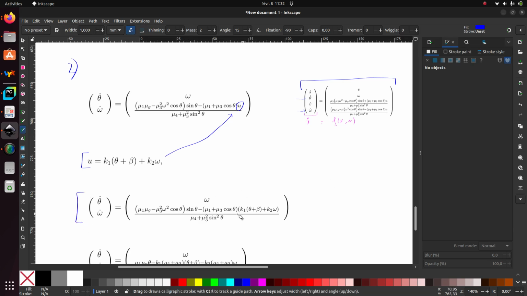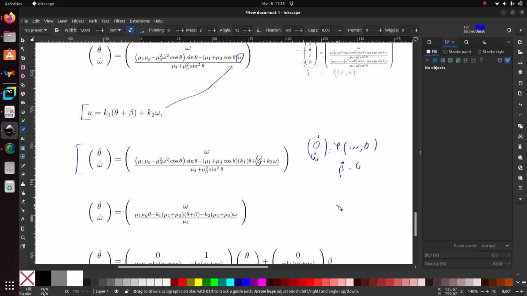So I will have theta dot and omega dot as a function phi, let's say, of omega and theta, and the others are parameters, and from this I will study the stability. Another coefficient here is beta, and beta is assumed to be constant, so it's equal to 0 for the stability analysis.